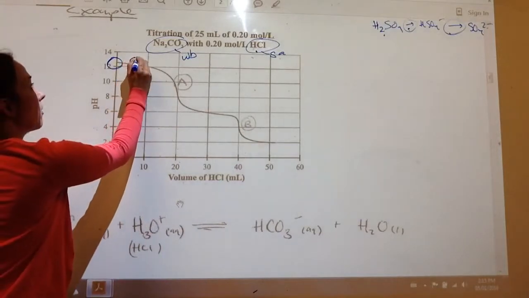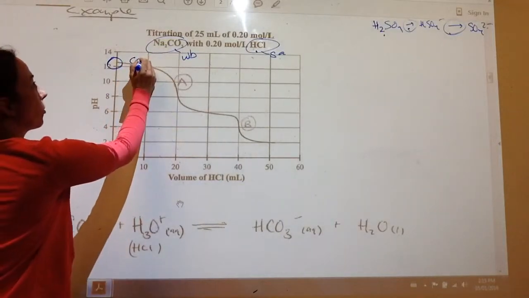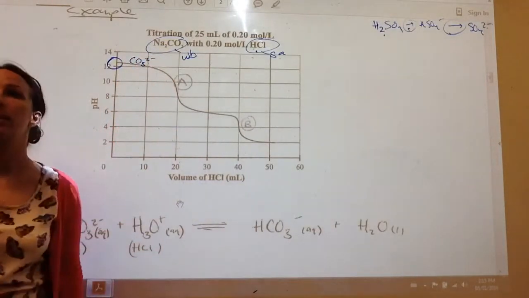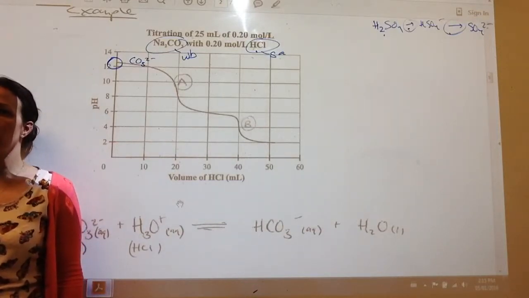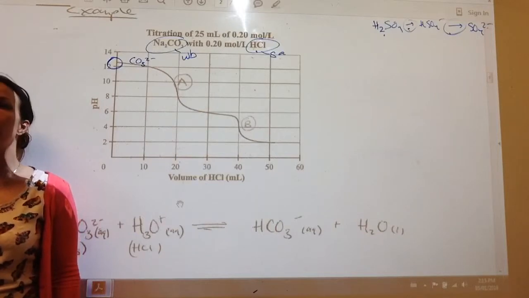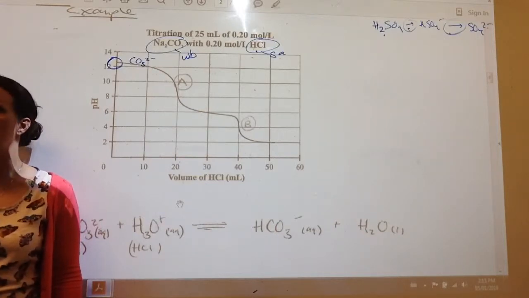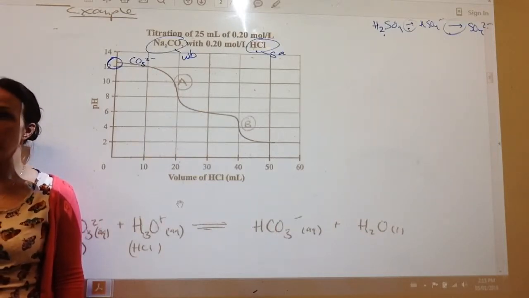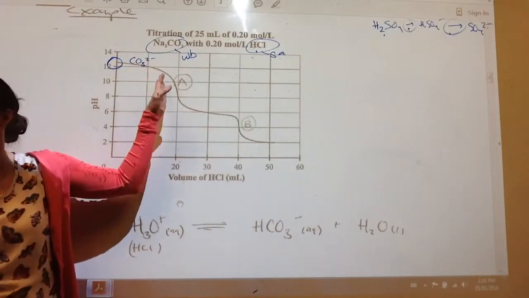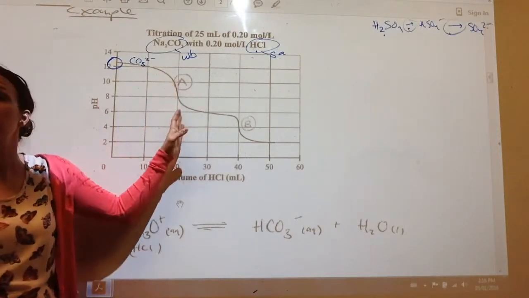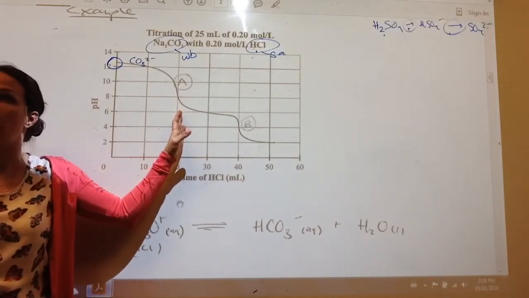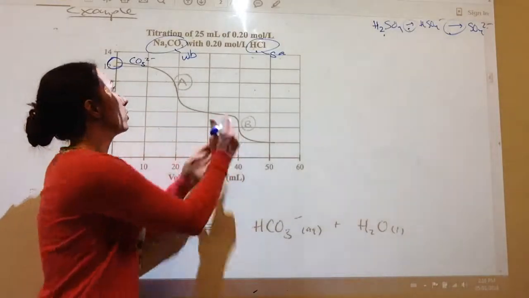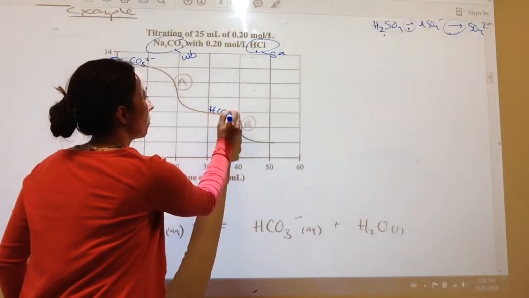Here I have Na2CO3, or more importantly, the species CO3 2 minus floating about in my flask. That CO3 is going to accept a proton, and it's going to be in excess until this equivalence point where all of the CO3 will have gained a proton and been converted into HCO3 minus.